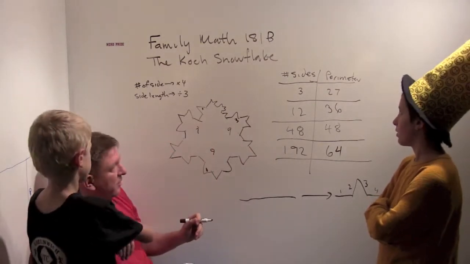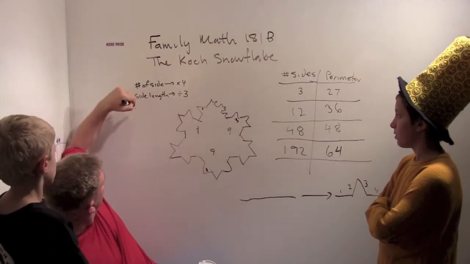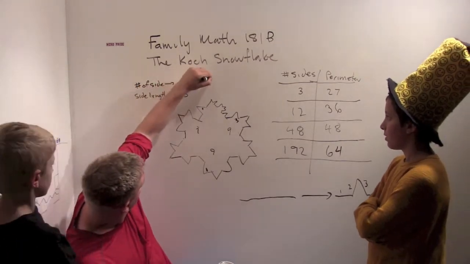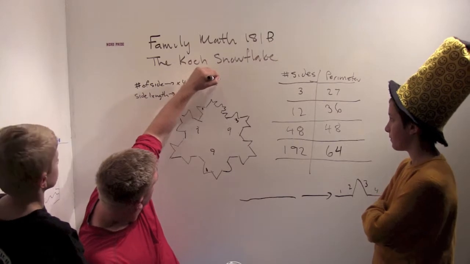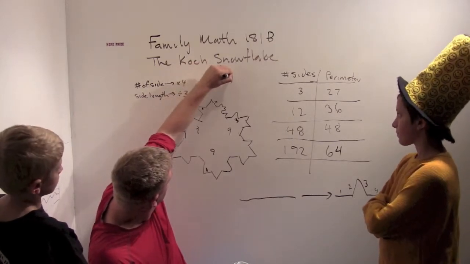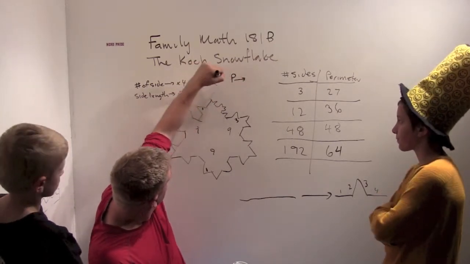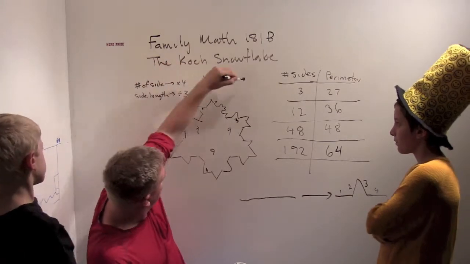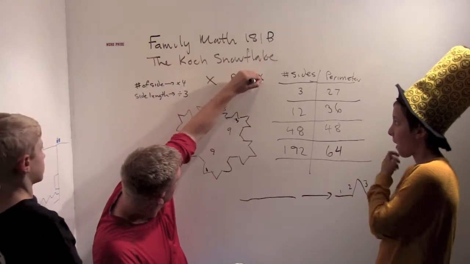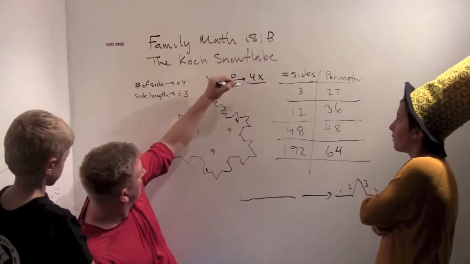That's exactly right. So at any stage, if my side length is x, the perimeter goes to 4x, the number of sides, 4x divided by 3.